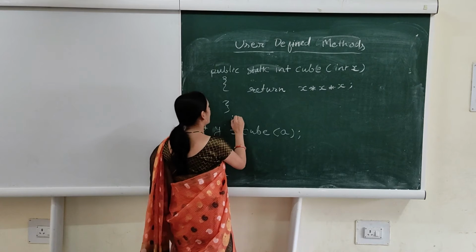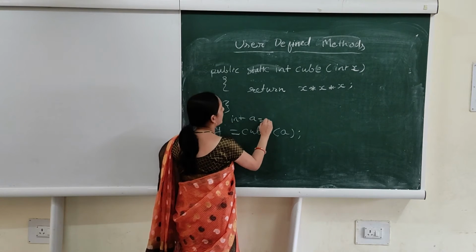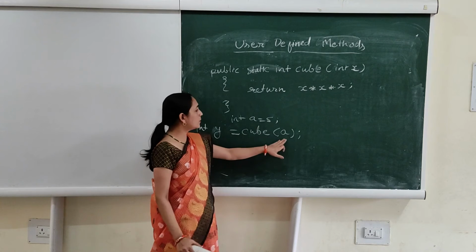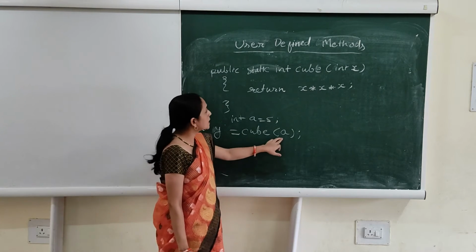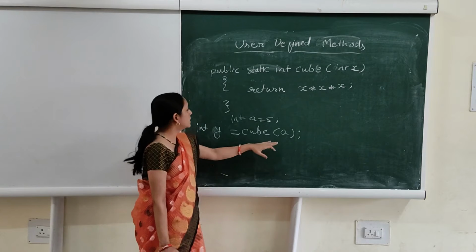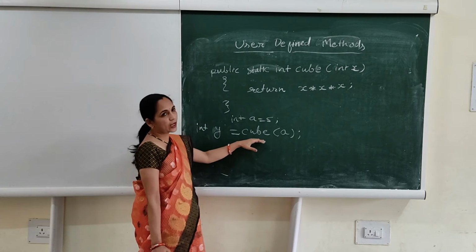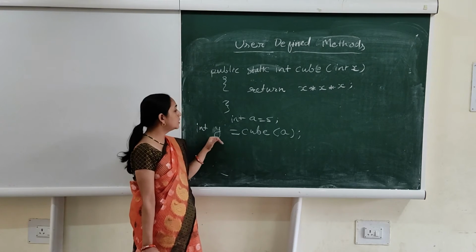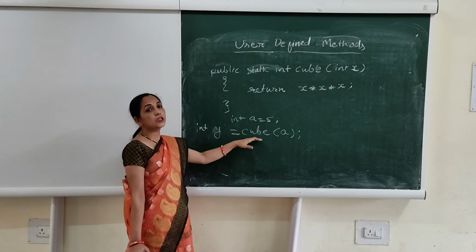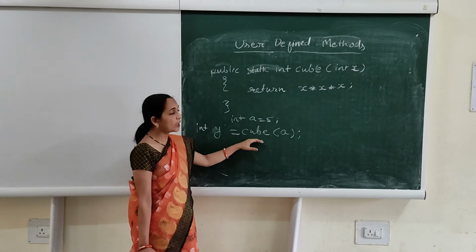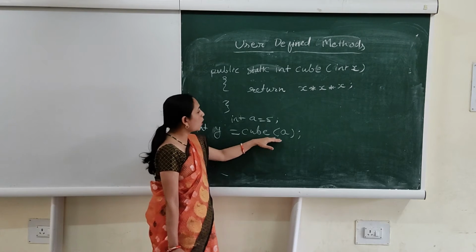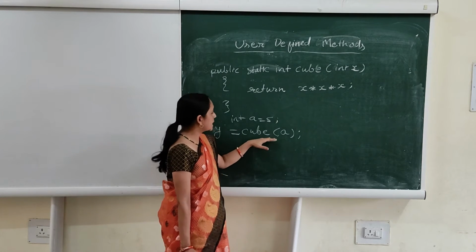Suppose a has the value 5. This a requires an integer type of value, and this function will return a value. So you need one variable to assign the value which is returned by this function. This is the method of calling or accessing a function.